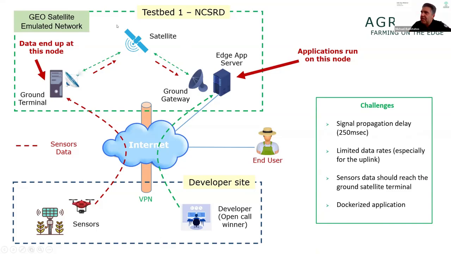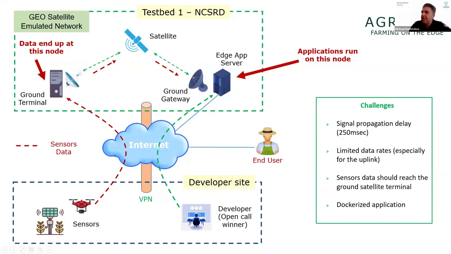Some of the challenges in this testbed is, of course, the signal propagation delay, as it is a satellite link and a high altitude satellite because it's geosynchronous. We have some milliseconds of delay. This is one way, two hops.